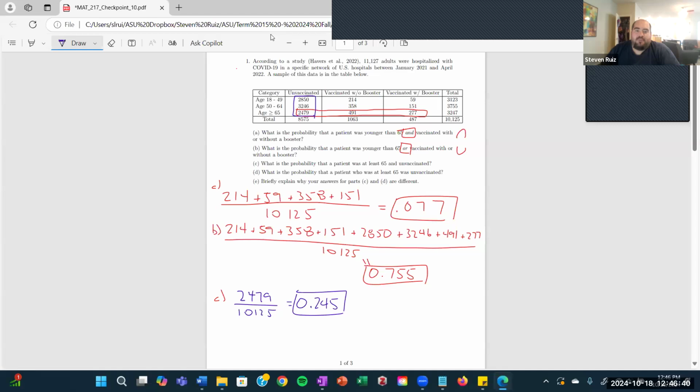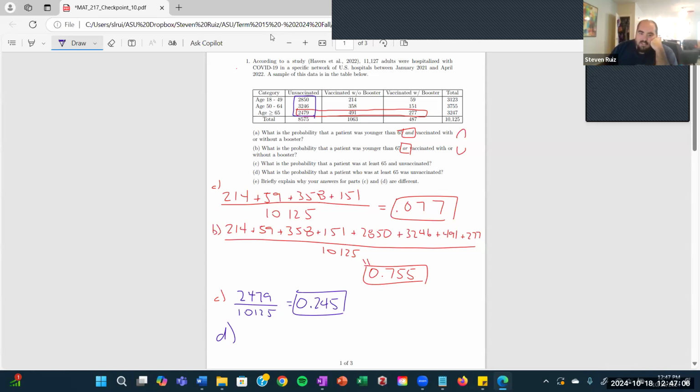All right, Part D, at first blush, seems like the same question. But is it really just one word? Nah, more than one word. What is the probability that a patient who was at least 65 was unvaccinated? So this is going to be different. Linguistically, the way that's written is not much different from the way Part C was written, but mathematically, this is going to be a pretty big difference.